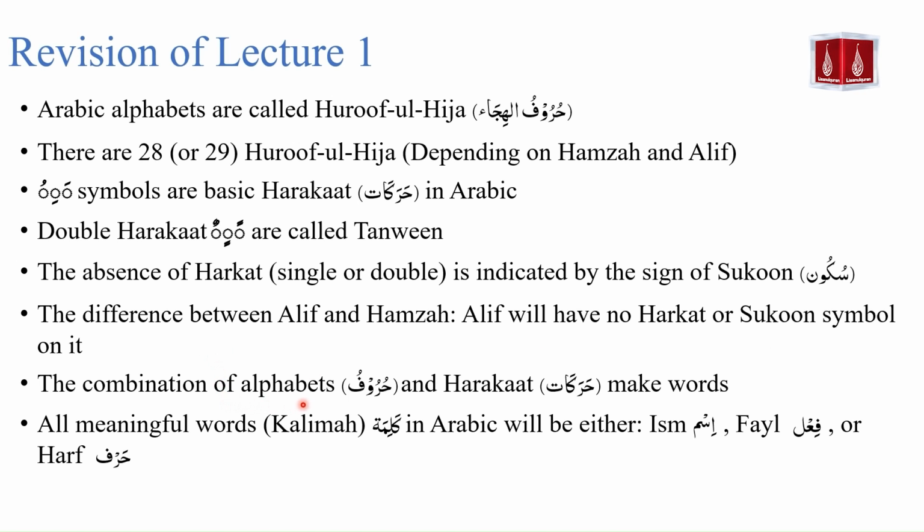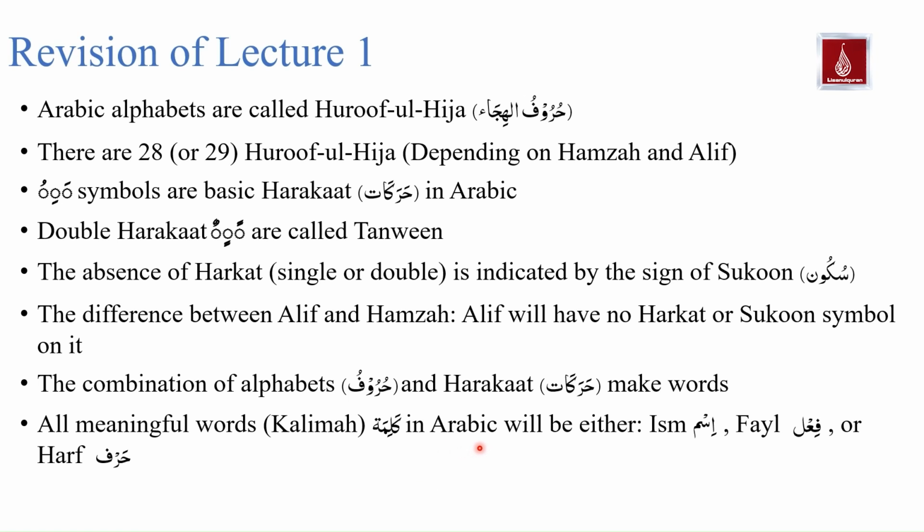The combination of alphabets or huruf and harakat make words. We studied that words can either be meaningful or meaningless, and that all the words in the Quran are meaningful words. A meaningful word is also called kalima.